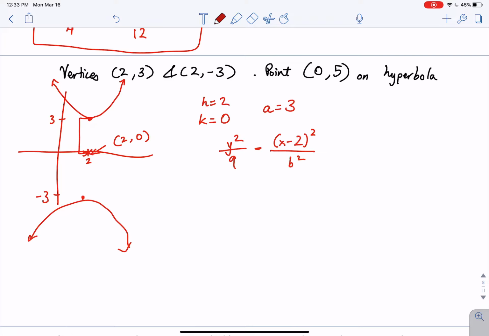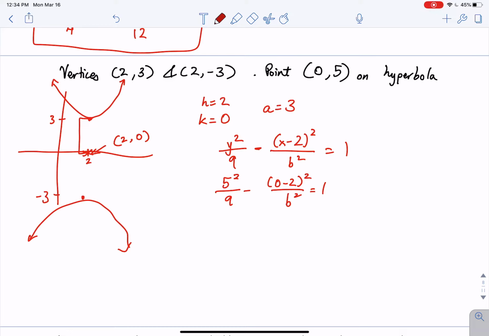I don't know what that is, equals 1. But I do know (0, 5) is on this hyperbola. So I can substitute that point in for x and y, because it has to satisfy this equation if it's on the hyperbola. And now I only have to solve for b squared.